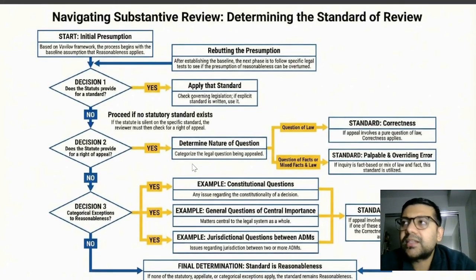Recently, there was a case called Vavilov, and there is a Vavilov framework, which presumes that the standard of review is reasonableness. Before this, there were many other cases, like Dunsmuir, which set the standard of review. I think it was 2019 when the standard of review was changed.